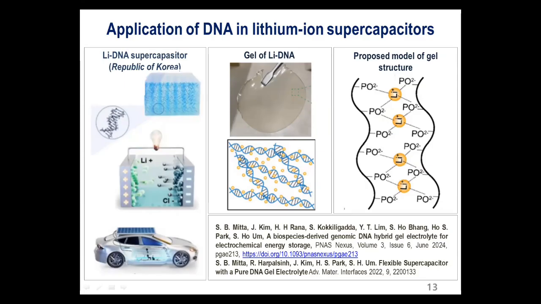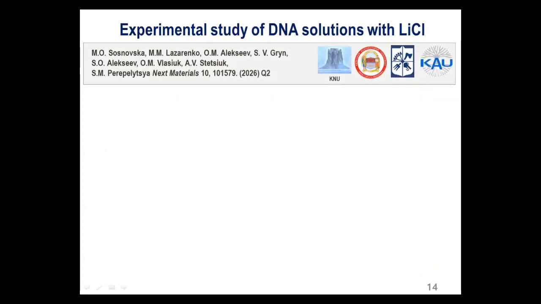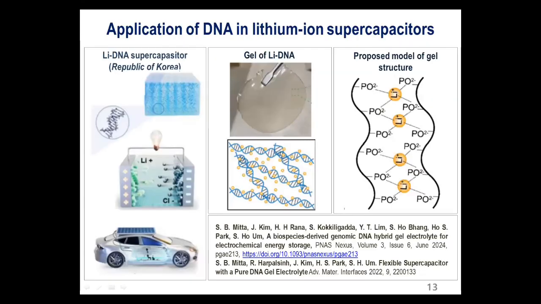This is a sketch, of course. The electrodes and the DNA gel between them. So this DNA gel looks like in this picture, and in the scheme, this gel can be presented like wound DNA macromolecules with some lithium ions between them.